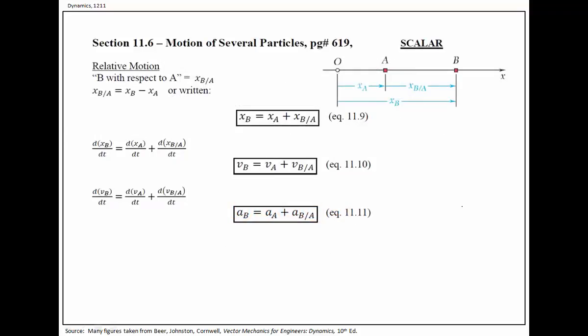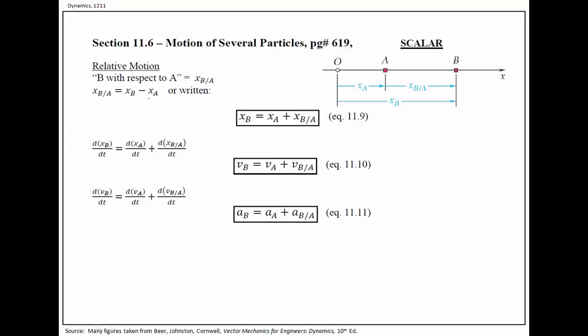So I just want to bring this up. When we talk about relative motion, it's sort of an obvious thing in terms of something we intuitively understand. If we're driving in a car down the highway and some jerk driving by us is passing us, our perceived velocity of that person is relative to us, right?